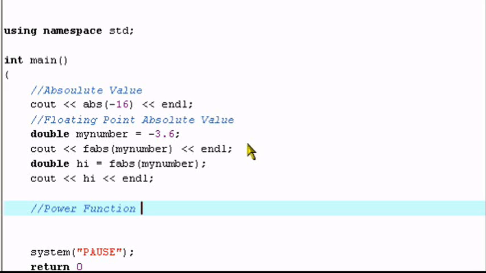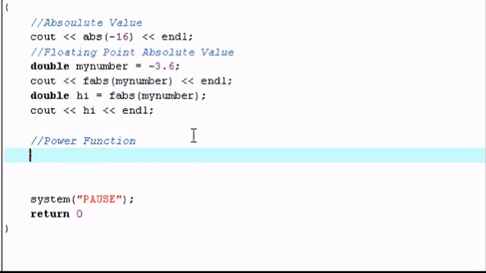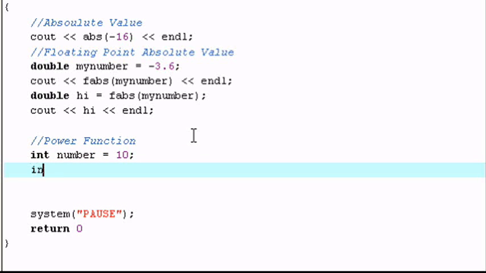I apologize if you heard that noise. Let's say int number equals 10. Let's say int exponent equals 3. So the exponent is 3, and 10 to the third power is equal to 1,000.